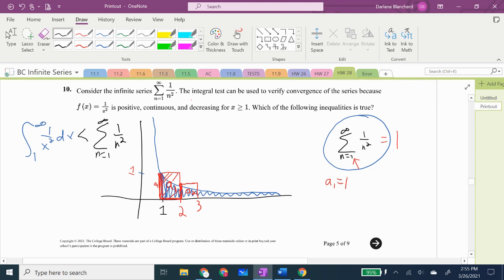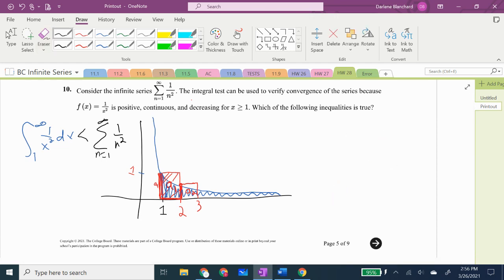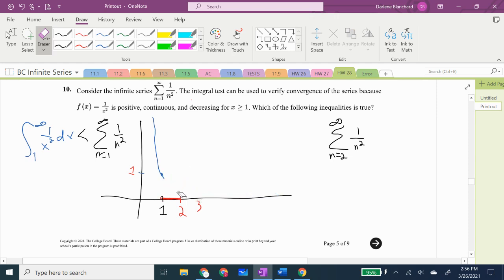Now, the other thing that I want to look at is, what if I take the first term of this series out of the mix? So let's say I start at n equals 2. Okay, looks like I'm going to have to redraw a little bit.